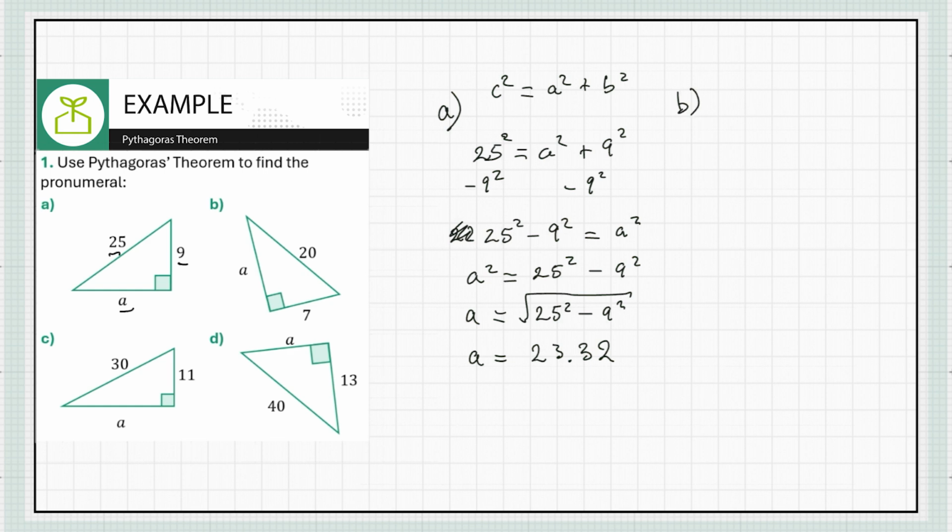Right, and if we look at B, we have the same idea. Our hypotenuse is 20, so 20 squared is equal to a squared plus 7 squared, and we can rewrite this as a squared is equal to our hypotenuse, take away our given side squared. That means a will be equal to the square root of 20 squared minus 7 squared, and we can put that straight into our calculator.